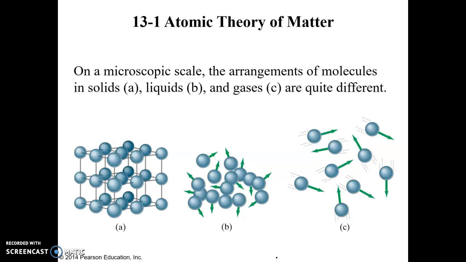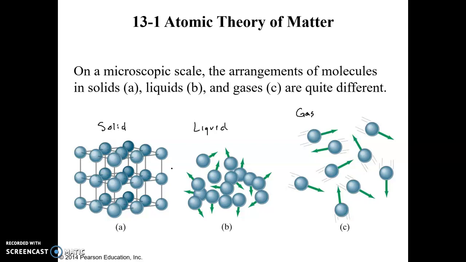Okay, and so if we take that idea a little bit further, what we're seeing here, A, B, and C, are the three phases of matter: solid, liquid, and gas.